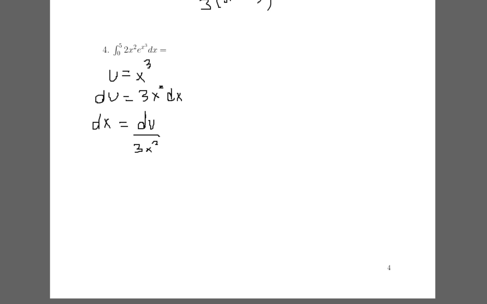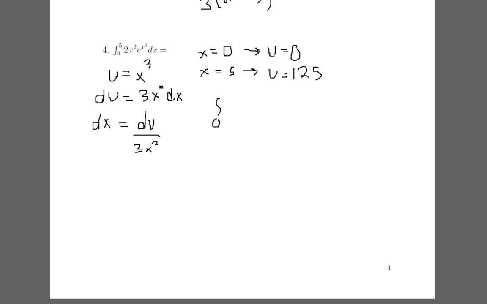So x equals 0 implies that u equals 0, and when x is 5, u will be 125 because that's 5 cubed. So we have to change our interval to match u.